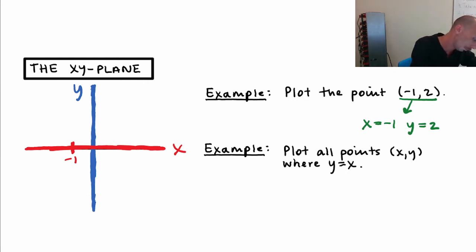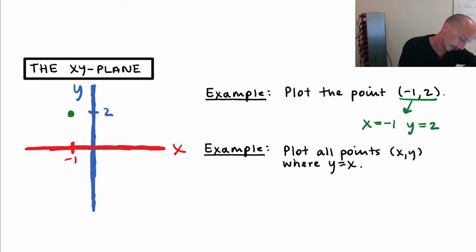We can decide where -1 and 2 are and make them wherever we want. So we're going to go up here. I'm going to say that's about 2. And then I'm going to plot in green the point -1 and 2, and it's going to be up here. And that's great. You know how to do that. Remember, x is first and then y is second. And remember that up here above the x-axis, that's where y is positive, and down here below the x-axis, that's where y is negative.